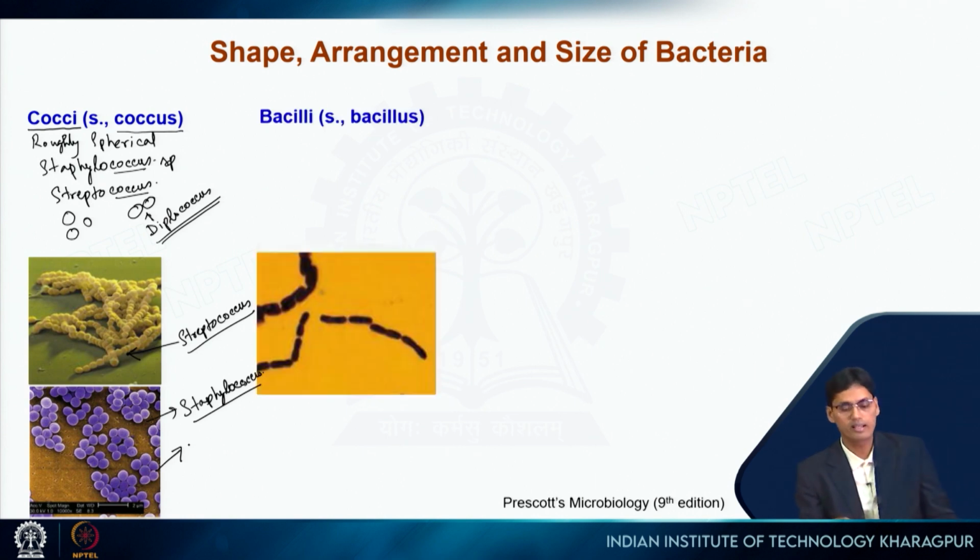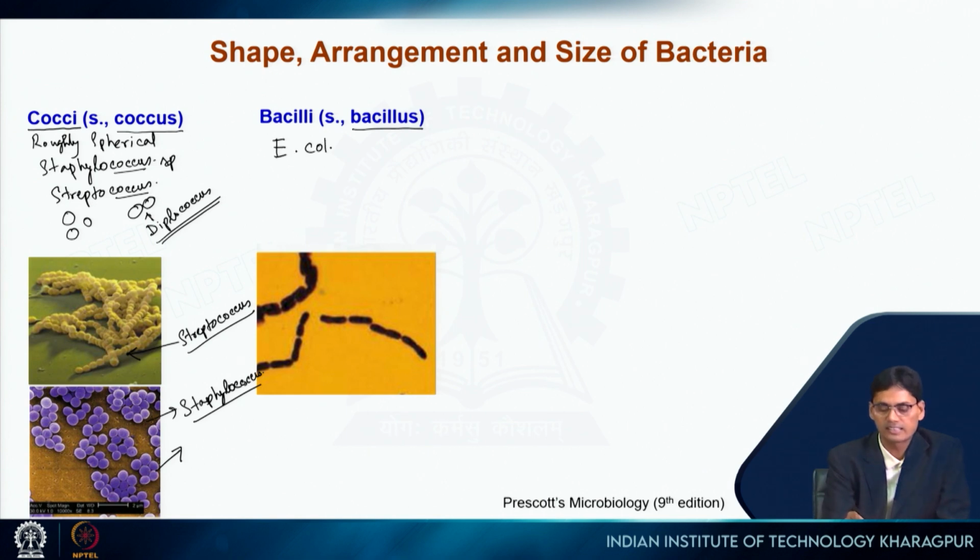Now, if we move to another form of bacteria, for example, bacilli, or in singular bacillus, one very common example is E. coli, Escherichia coli, and another common example, which all of you know by name, Mycobacterium tuberculosis.